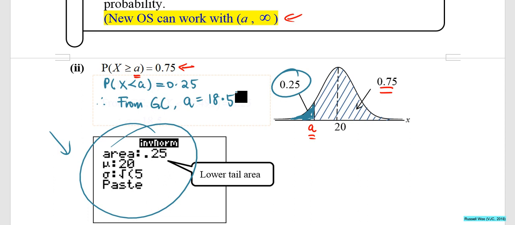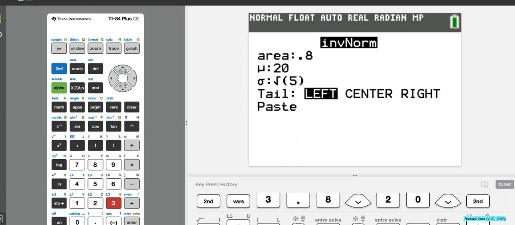I'm just very quickly going to show some of us who has the new OS, who can actually see the left center right one, how you can obtain it without doing this. If you have new GC or new OS, you can skip this step. How?